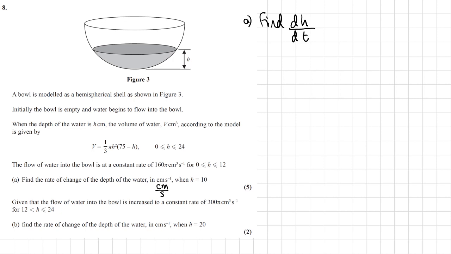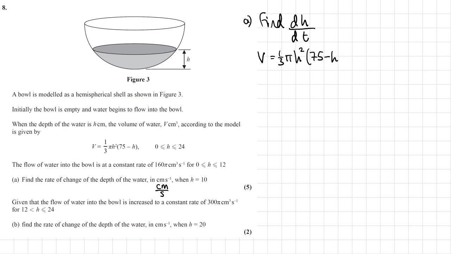Now, we can't find that directly, but there are some other things we can use to help us. The first thing we're going to look at is this. We've been given that V is equal to 1/3 π h squared (75 minus h).